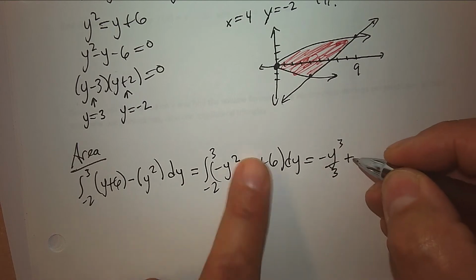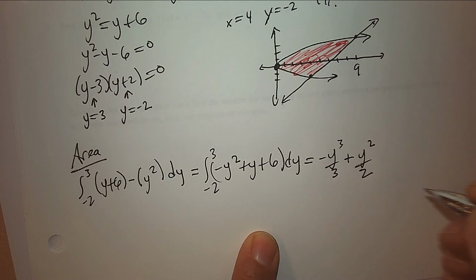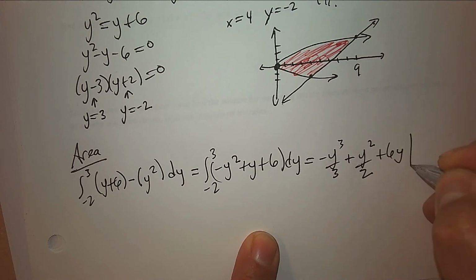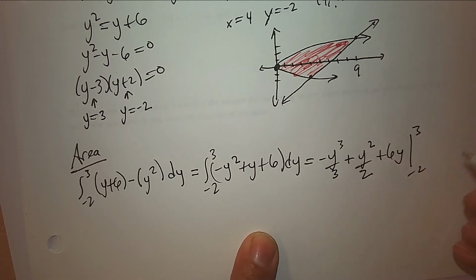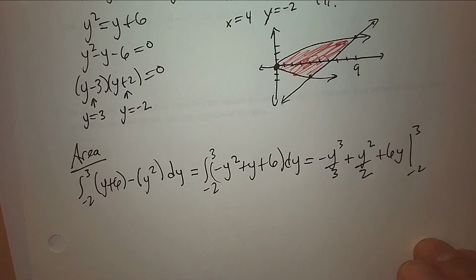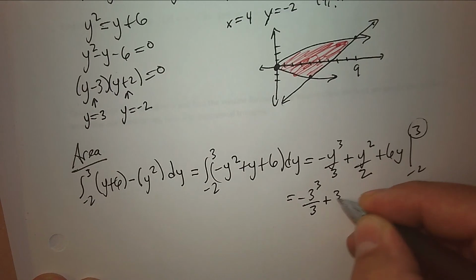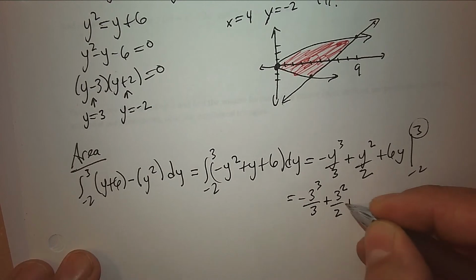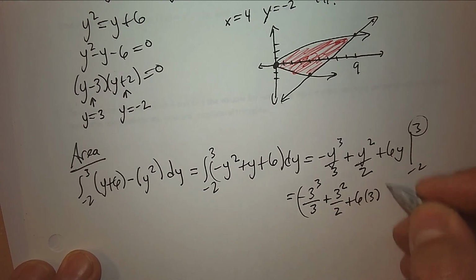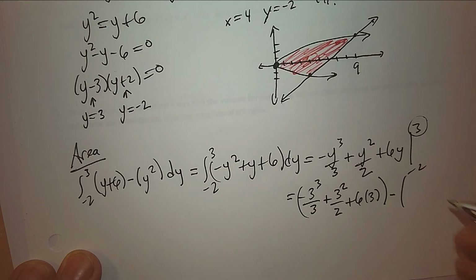Again, we're going to add 1 to the exponent and divide by that exponent, and then 6 becomes 6y. We're integrating from -2 to +3. So then the last step, we're going to plug in the upper bound first. Whatever answer that is, we're going to subtract and plug in the bottom bound.